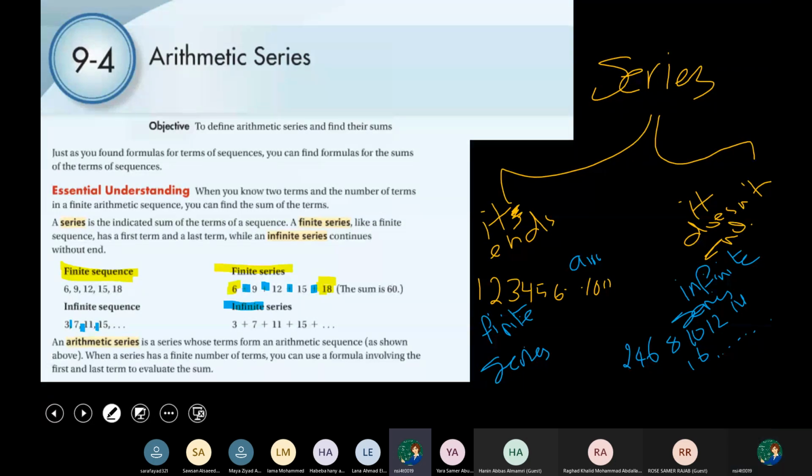Now, because of that, I can only find the summation of terms for the finite series, because my formula is summation of n equals the first term plus the last term.